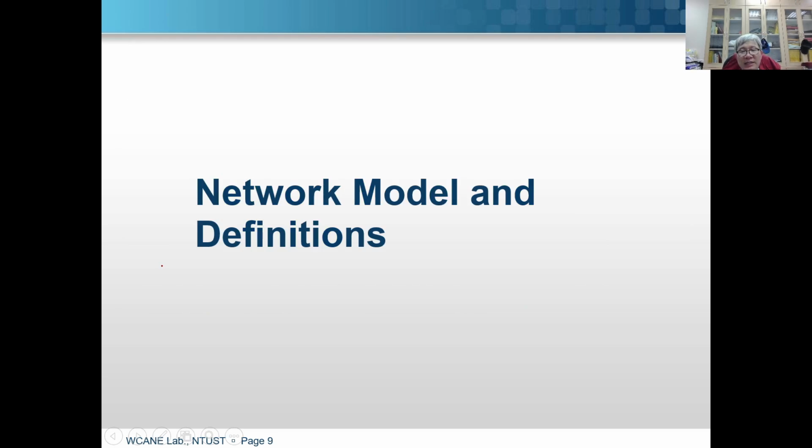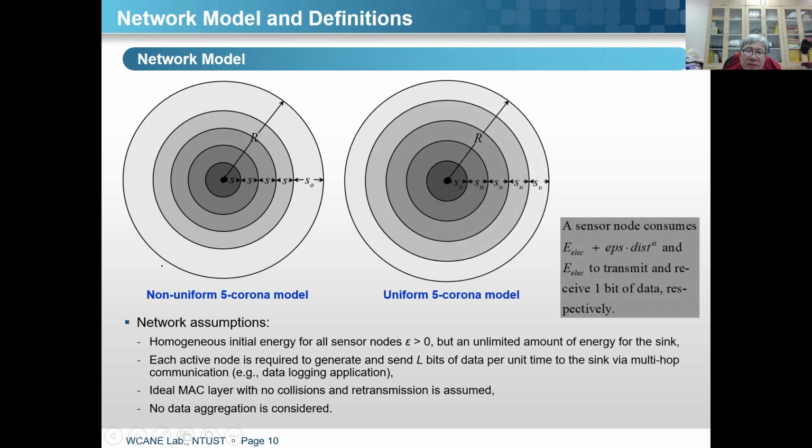Alright, so now we define the network model, and also some proper definitions for later use. First of all, the network model. We have the corona defined, with different coronas.